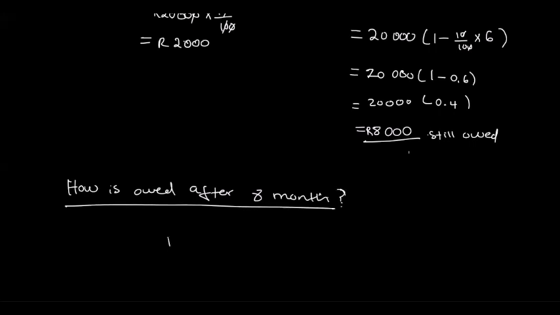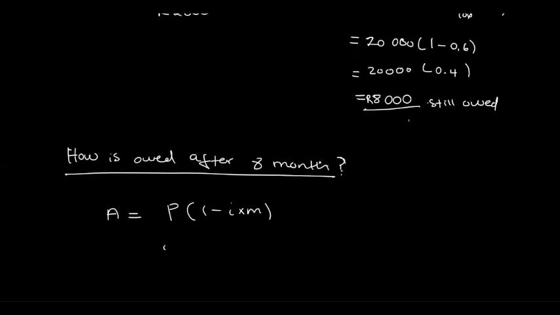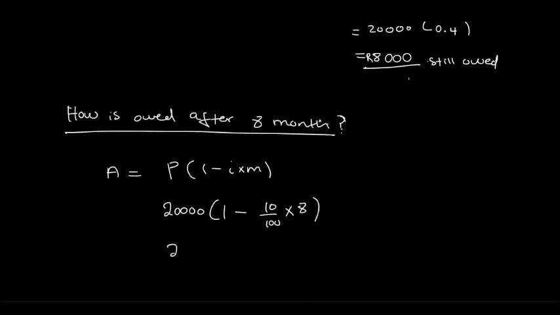So you will do the same thing. The amount that is owed, paying 10% each time, so 20,000 times 1 minus 10 over 100 times 8. Okay, if you work out everything in the bracket, we'll end up with 0.2.